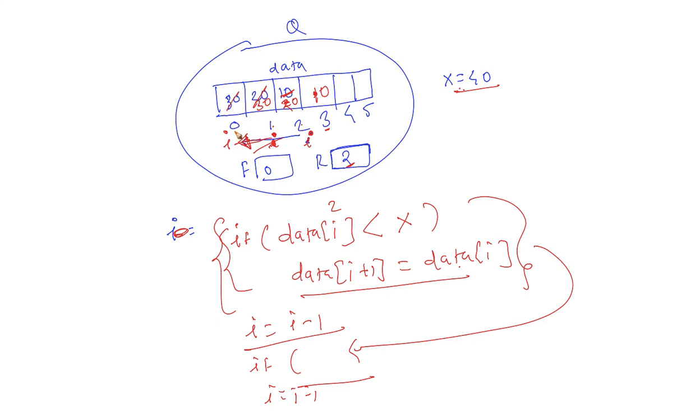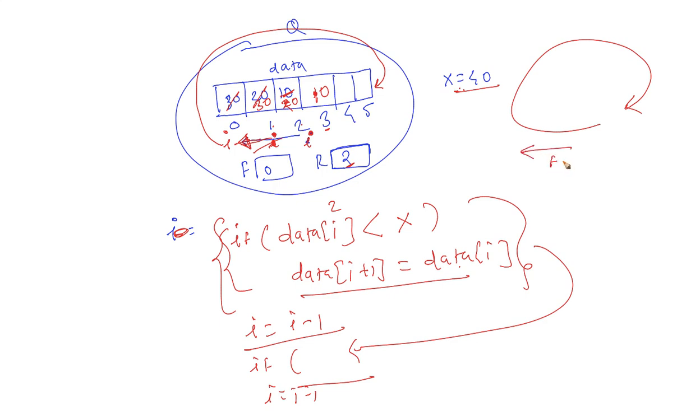Now in case I have to decrement this i again, this i should be moved in a circular fashion. So i is getting this kind of movement, right? Remember DQ, doubly ended queue. In doubly ended queue, we have given this movement to front when we were inserting from the front end. Front was going in this direction.